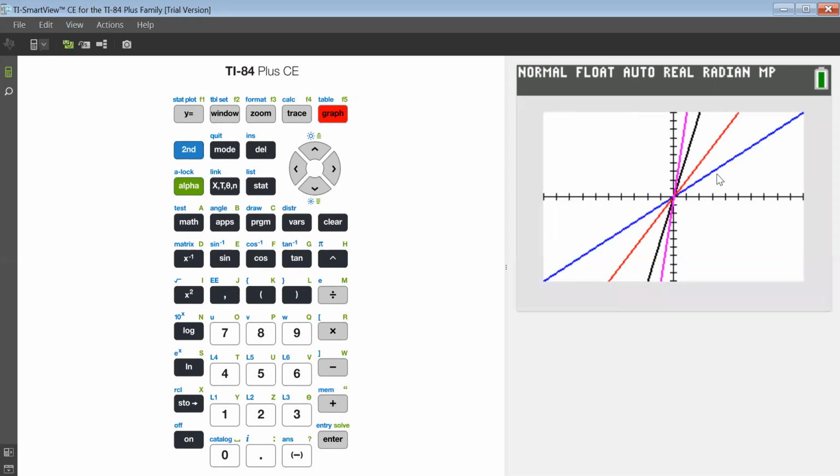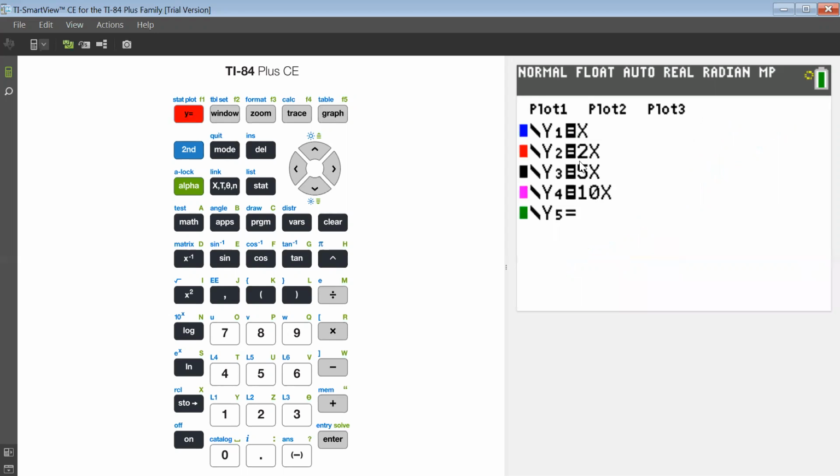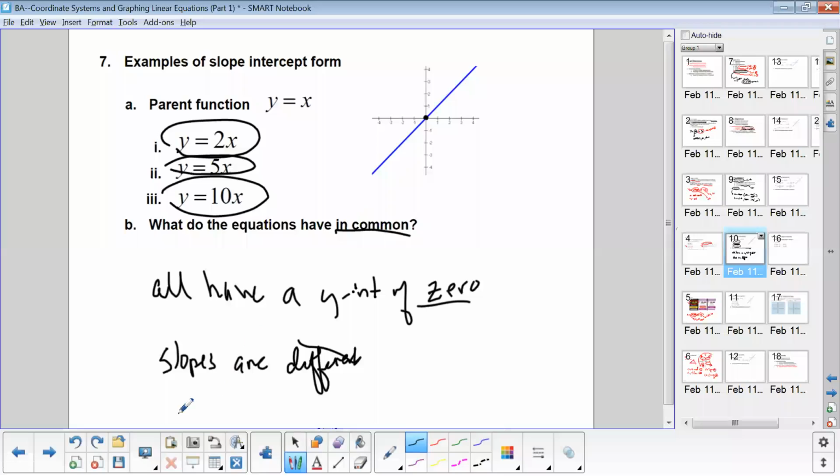So notice from the parent function, the steepness increases as we changed the slope from 1 to 2 to 5 to 10. Slope's getting larger, so therefore the steepness of the line is increasing.